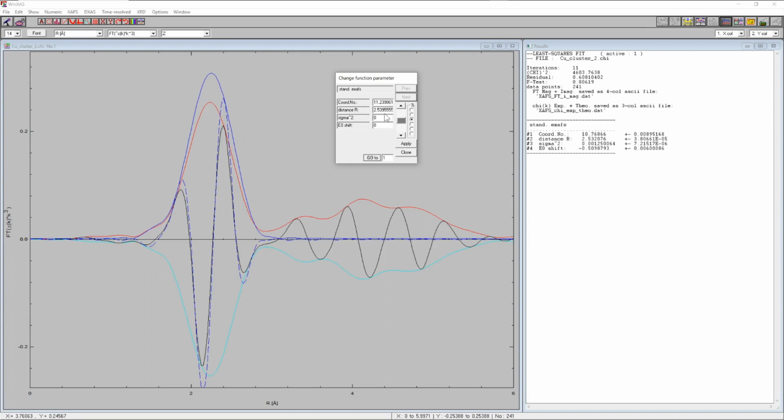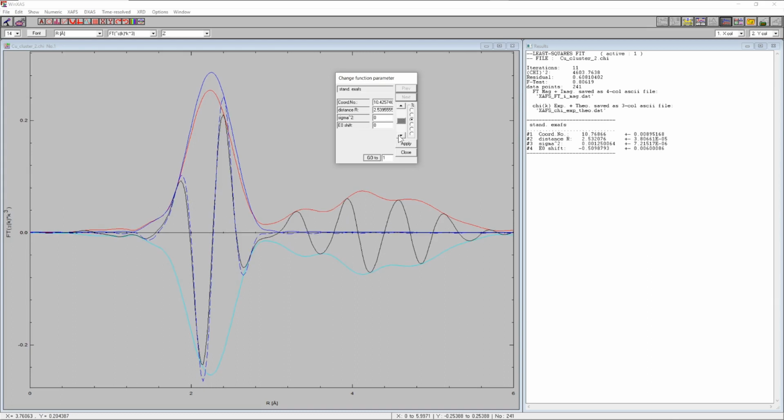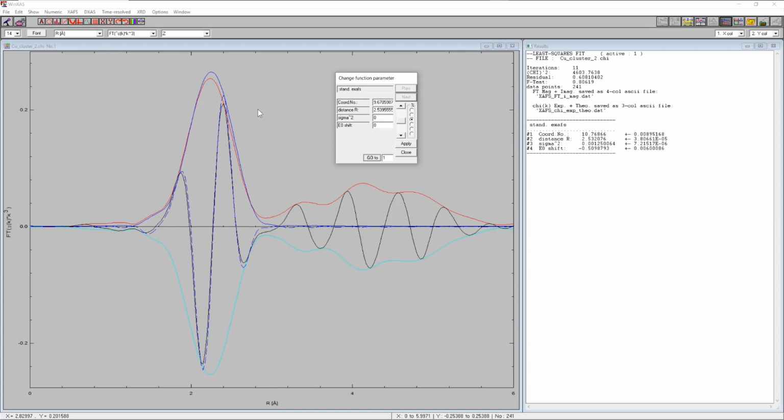This is actually very convenient to adjust starting parameters. So if you want to adjust starting parameters to have them closer to the experimental radial distribution function, then this is a good tool to adjust those values before you start the refinement to make sure that the starting parameters are not too far away from the probable parameters for a good agreement between theory and experiment.